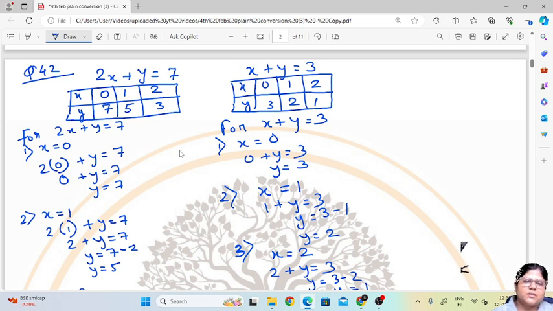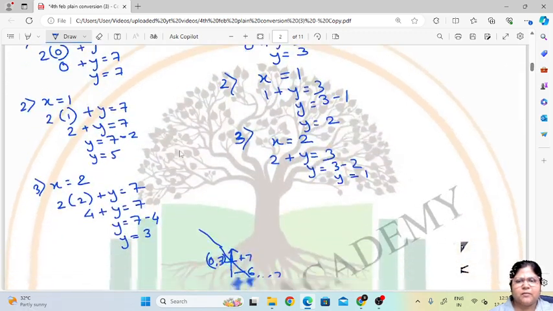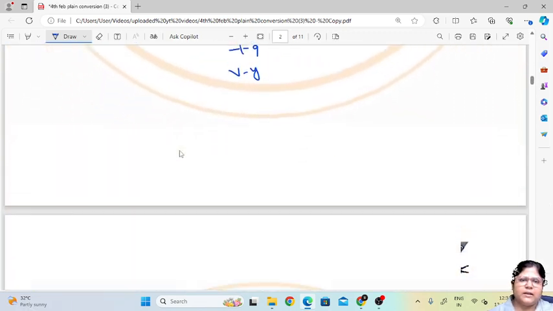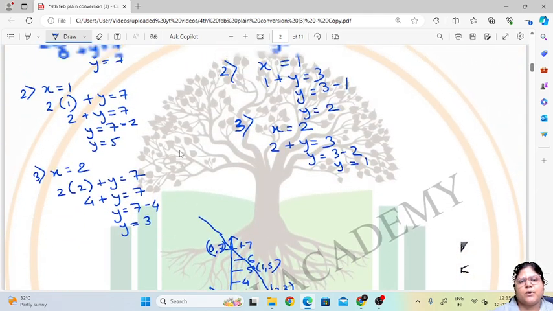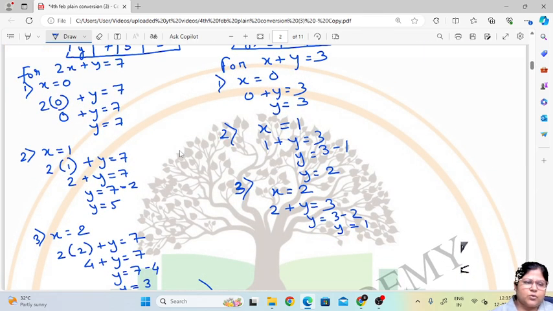If you keep x as 3, y is 7, so somewhere near 3, they will both meet. But when you do it properly in the graph, you will be able to tell that. Okay, so by this your 4 marks question gets over. That is question number 42.